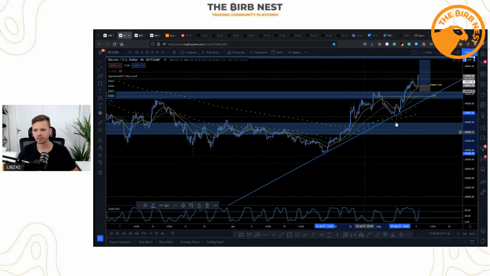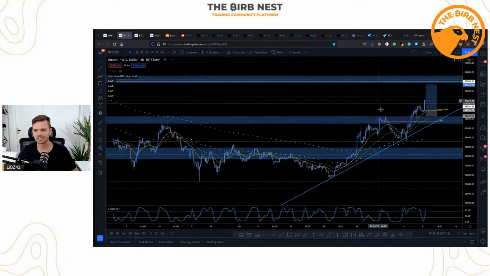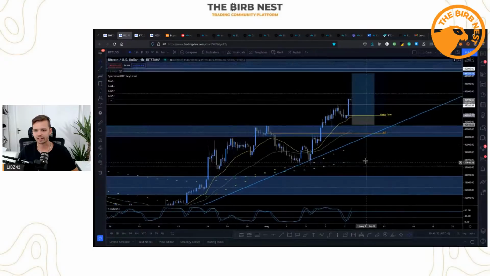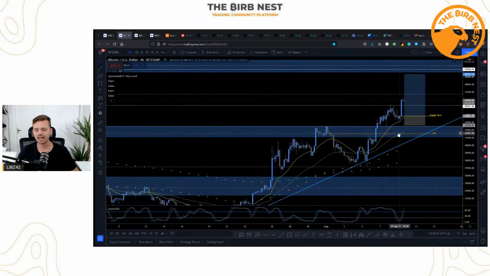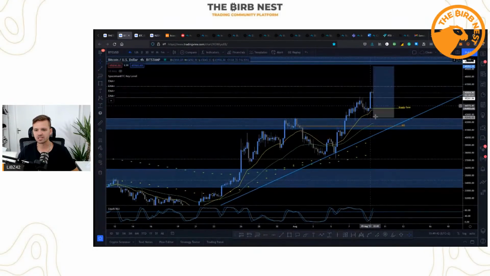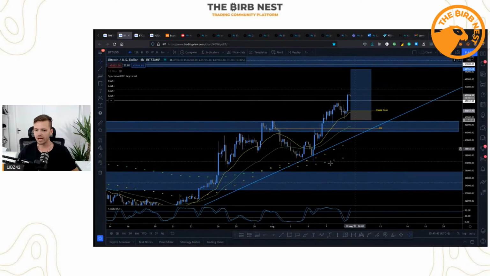I'm going to keep that trend line on here because I do think it makes sense, and I like the fact that you have the monthly open right here, confluent with that fib level and the 4 hour 50 EMA. You might actually see a move down into that region.